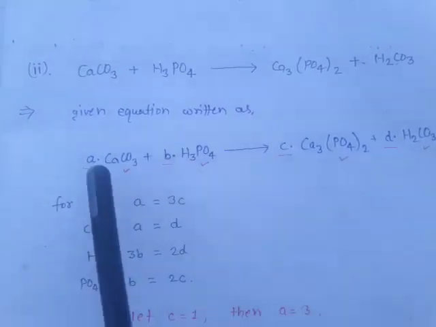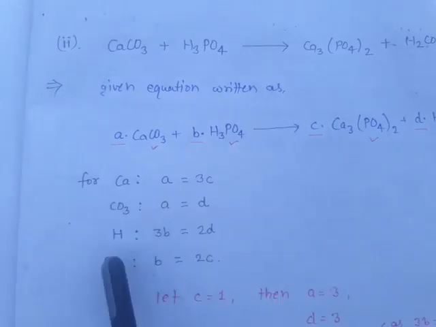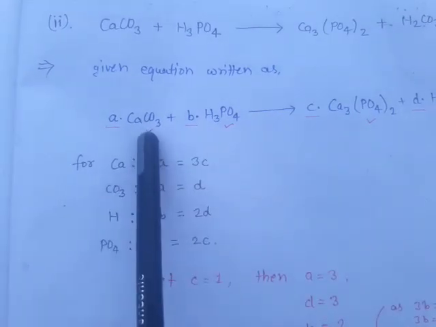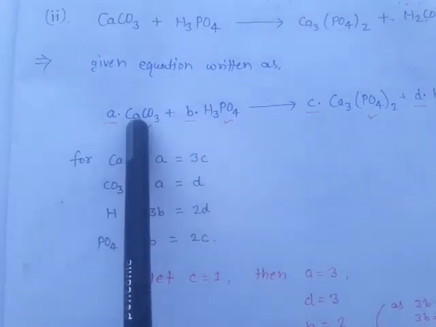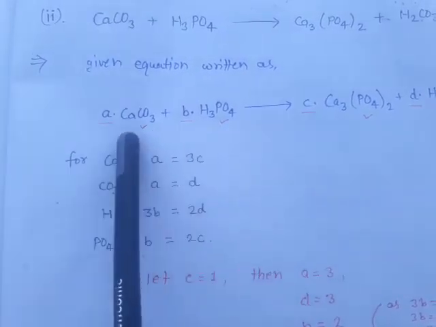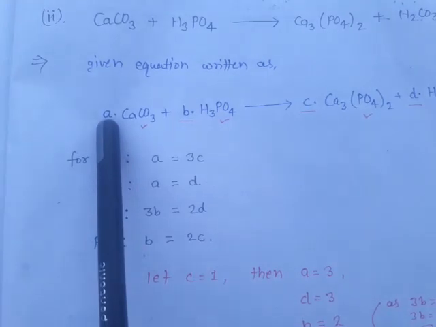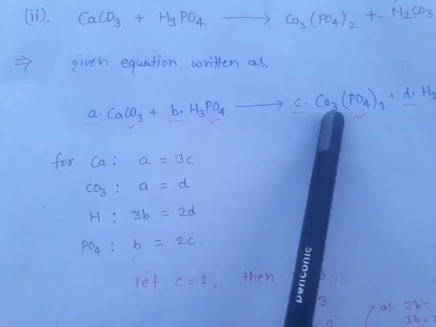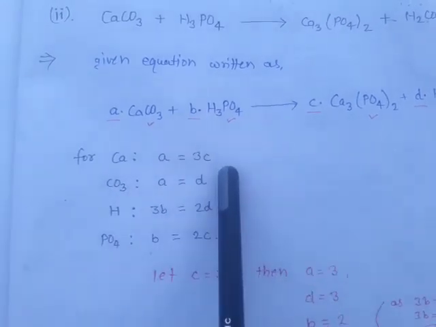Now we write equations for the different compounds and elements. For Ca, calcium: in the reactant there is 1, so A, and in the product calcium is 3, so 3C. A is equal to 3C.